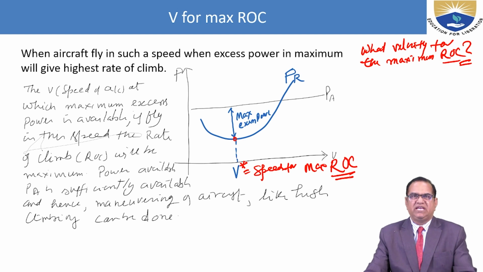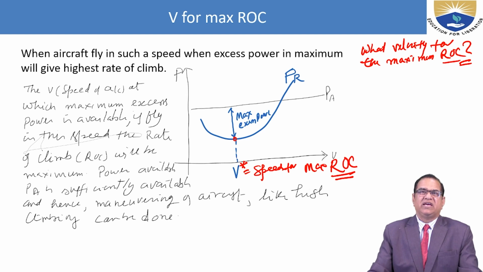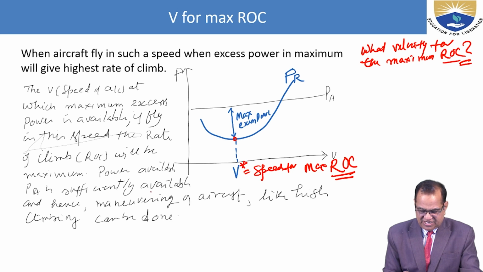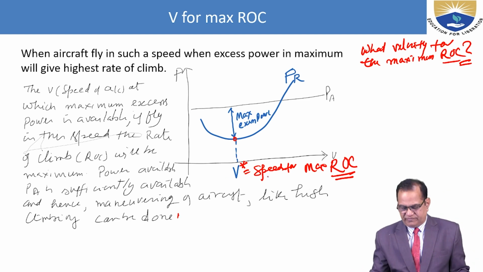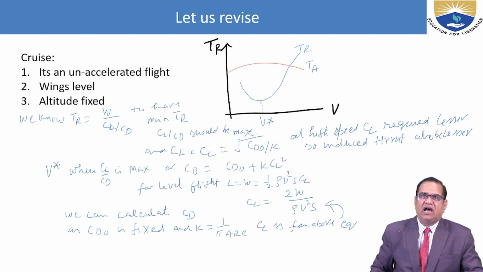The speed V is the speed at which the maximum excess power is available. If you fly at this speed, the rate of climb will be the maximum. Power available, PA, is sufficiently available, and hence maneuvering of the climbing can be done. So this is the speed for maximum climb, where maximum excess power is available.